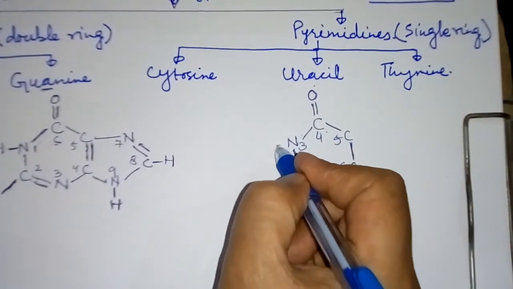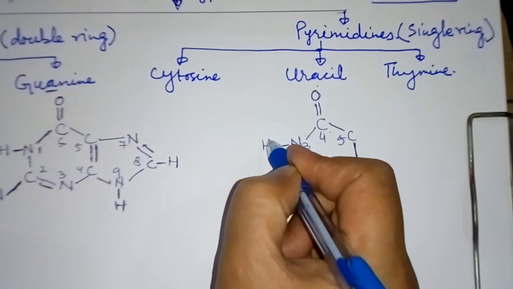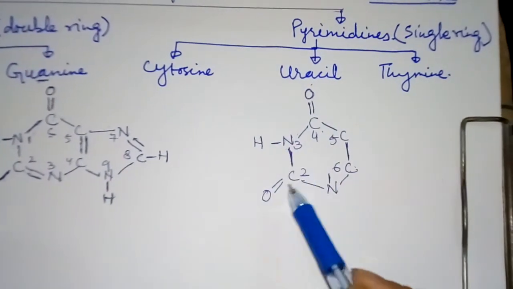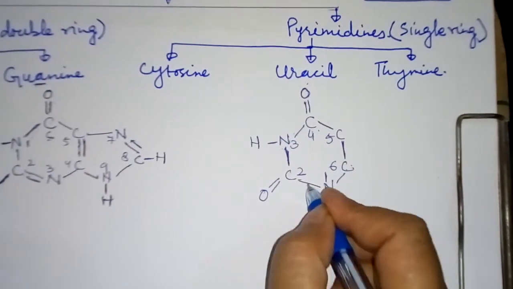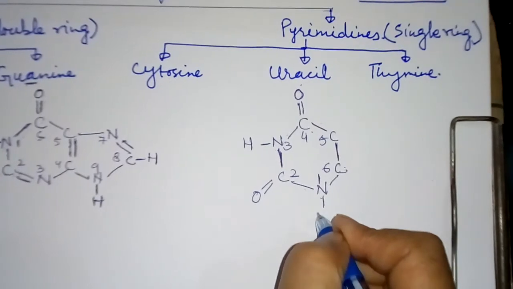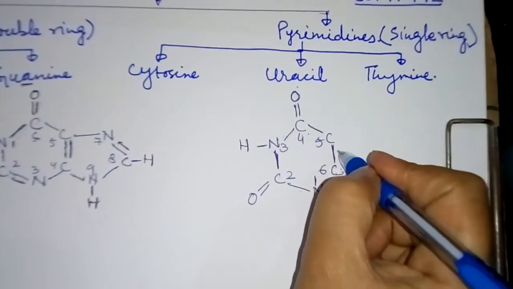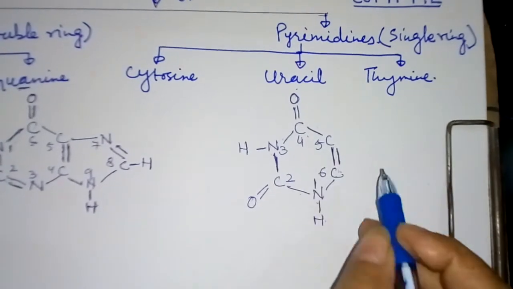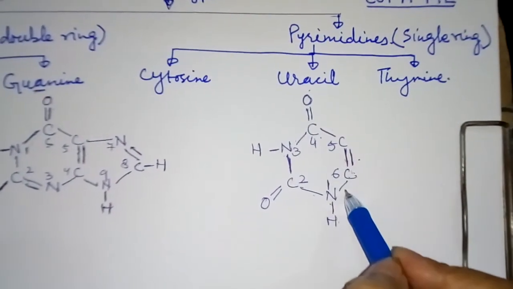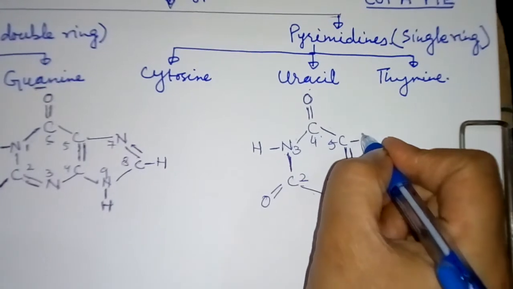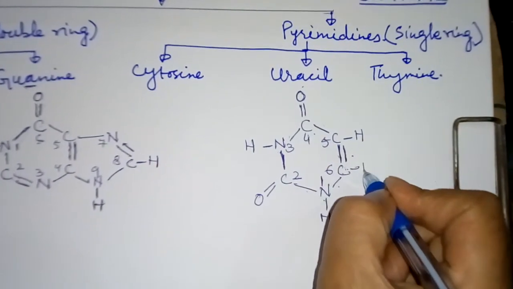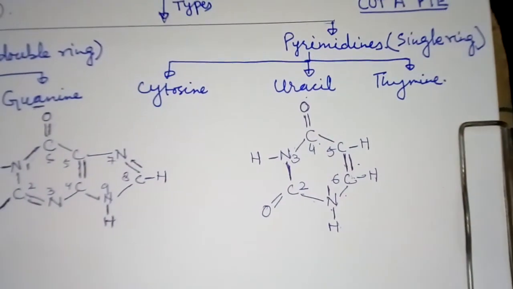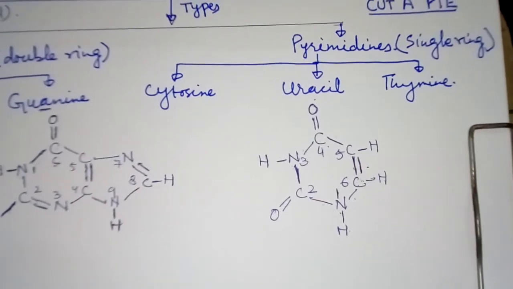But this nitrogen's valency is not satisfied, so we will write a hydrogen with it. Carbon's valency is satisfied. This nitrogen's valency is not satisfied, so I will write a hydrogen. These 2 carbons always have a double bond between them, but still 1, 2 and 3 their valency is not satisfied, so I will write one hydrogen with this and another hydrogen with this. In this way, the structure of uracil is completed.